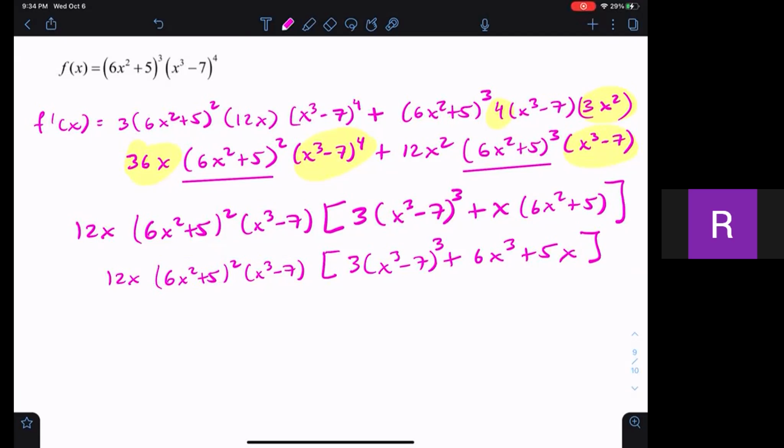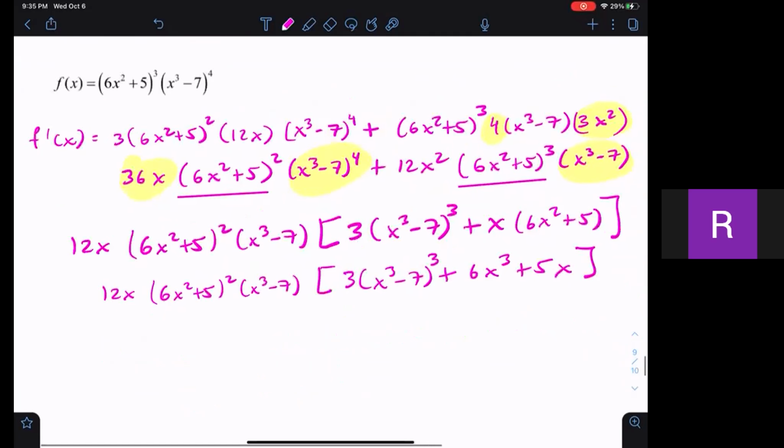And when we multiply that, we get 3, 6x squared plus 2. And then, okay, that's right. And then the other one, we get 12. And then we have 6, and that's right. Yes, that should be the answer. Yeah, that should be the answer.